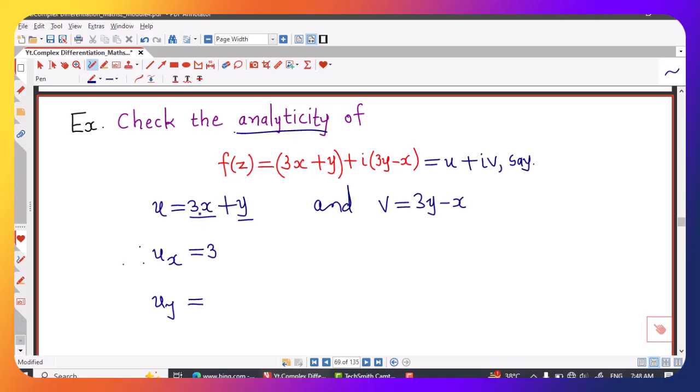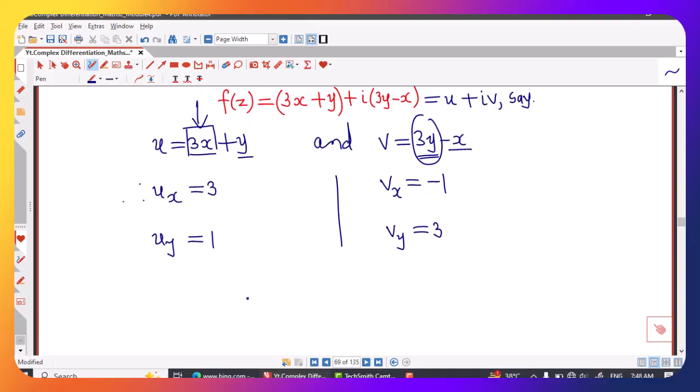Del u by del y: while differentiating with respect to y, x becomes constant and the derivative of y is 1. Del v by del x: here also when we differentiate with respect to x, 3y is constant, therefore its derivative is 0, and minus the derivative of x is minus 1. And del v by del y is the derivative of 3y, which is 3, and the derivative of x is 0. And here you can see del u by del x is 3 at any point, del v by del y is also 3 at any point.